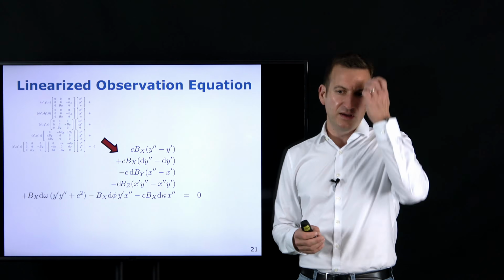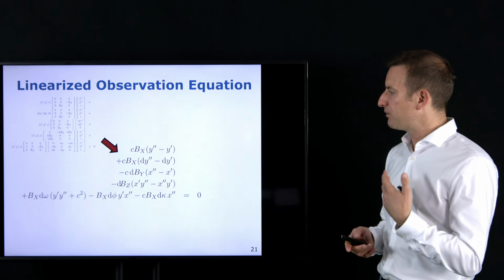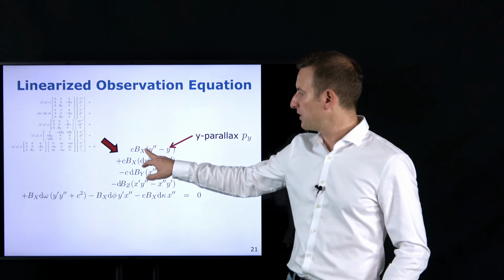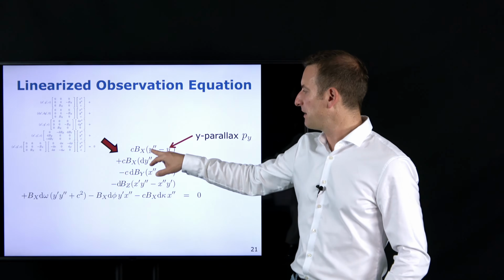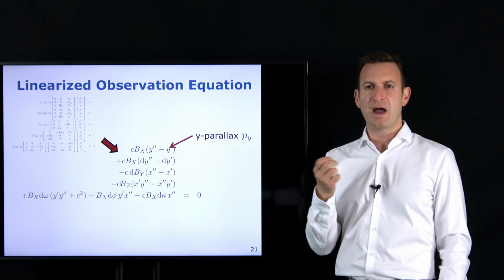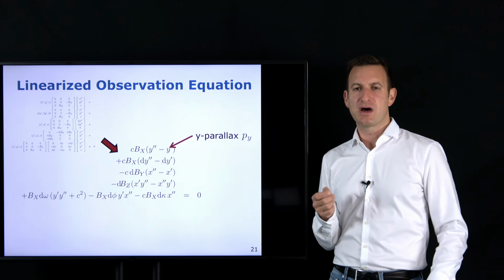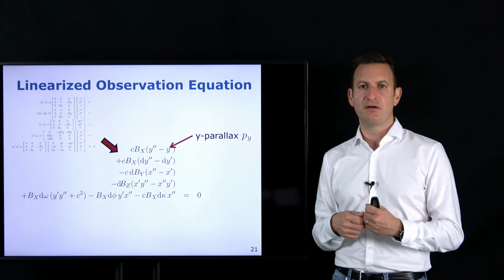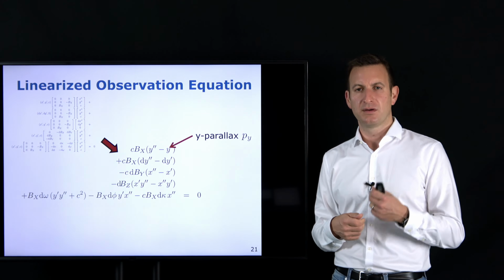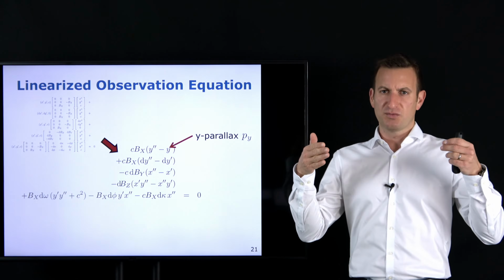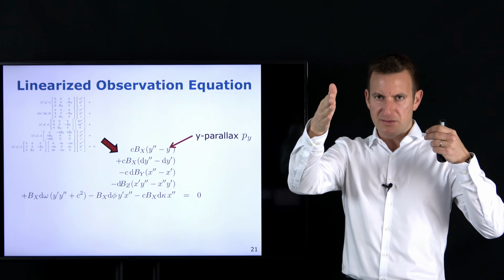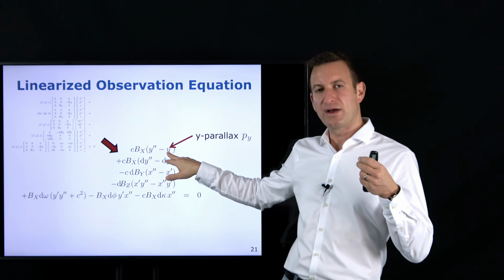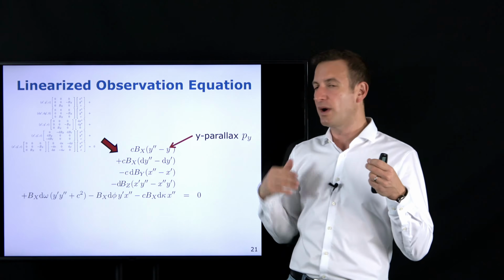So let's have a look at the individual parameters that are involved in here. Let's look at this expression over here, y double prime minus y prime. What is y double prime minus y prime? This is the difference in the y coordinates of the corresponding points. Remember, one point in the 3D world generates one point in image number 1, and this is the y coordinate of this, and one point in image number 2, and this is the y coordinate of this.